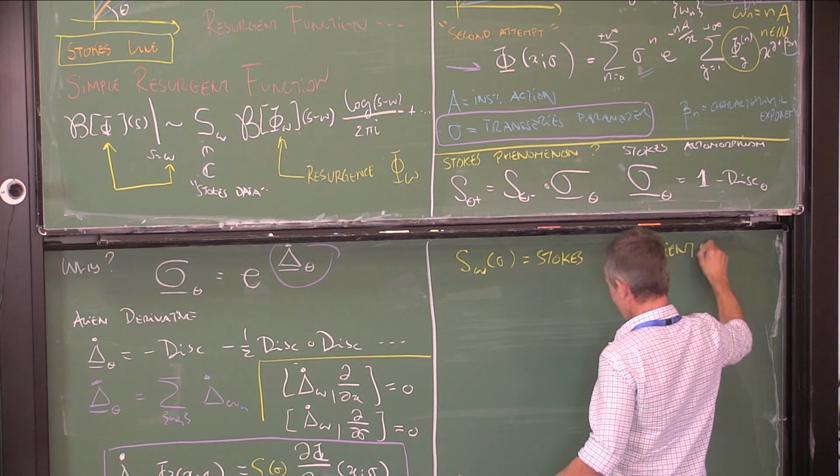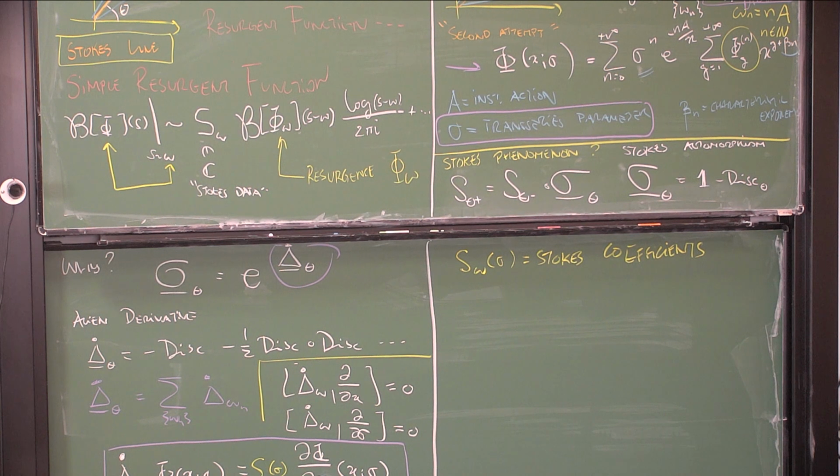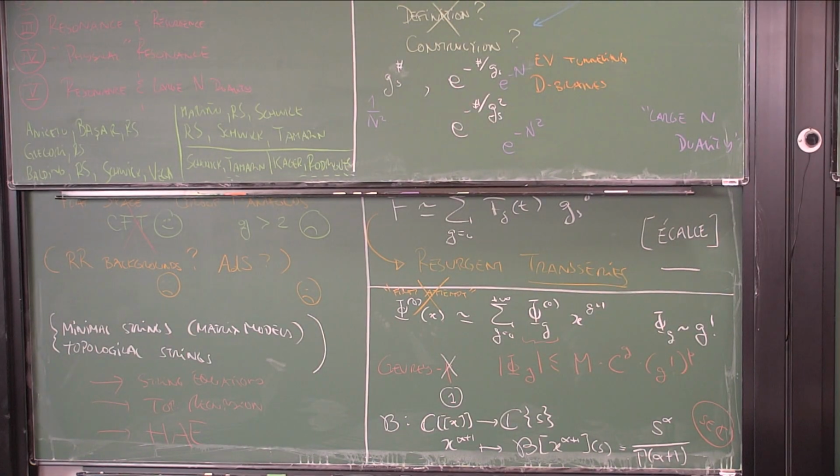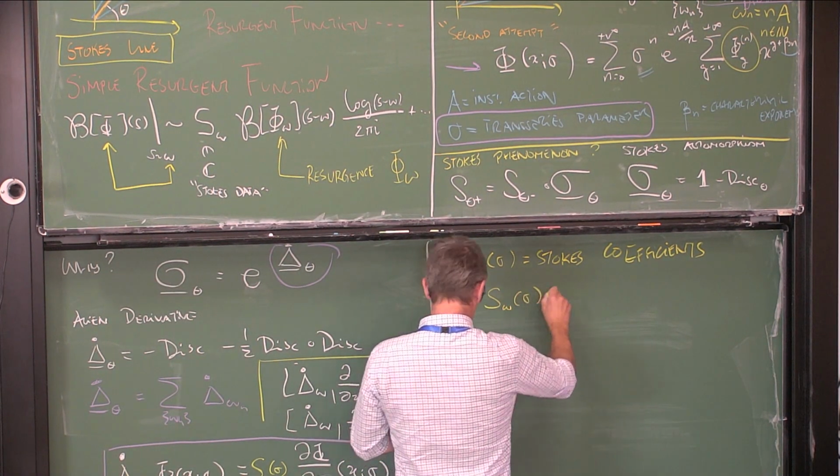I think I'm already 5 minutes behind time, so clearly I will not get to everything I wanted. But anyway, you can show that there are some homogeneity requirements you can make on transseries, so let me not go through those arguments, otherwise I'll never finish.